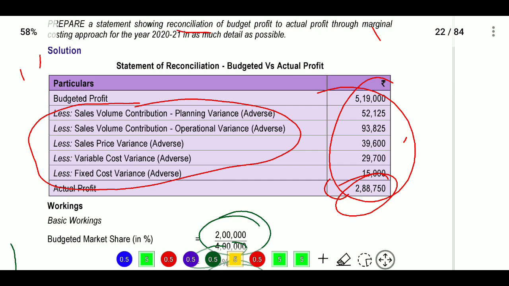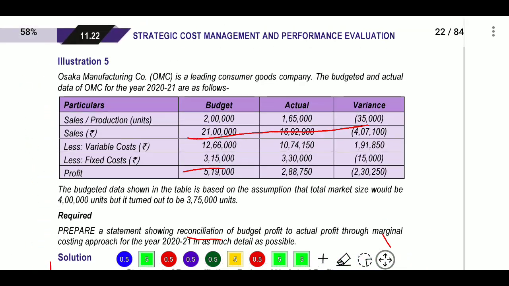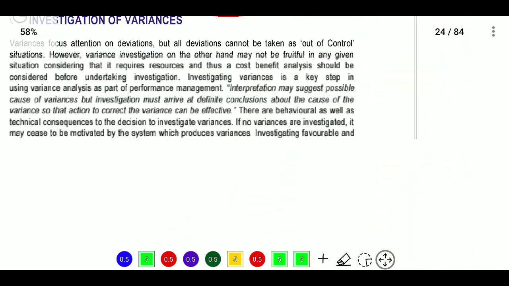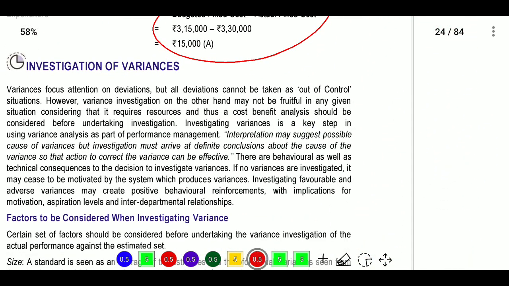This is question number 5, I think. Question number 5. Okay, now we will see investigation of variances. What is this investigation of variances? It means when you have a variance, then you will investigate.